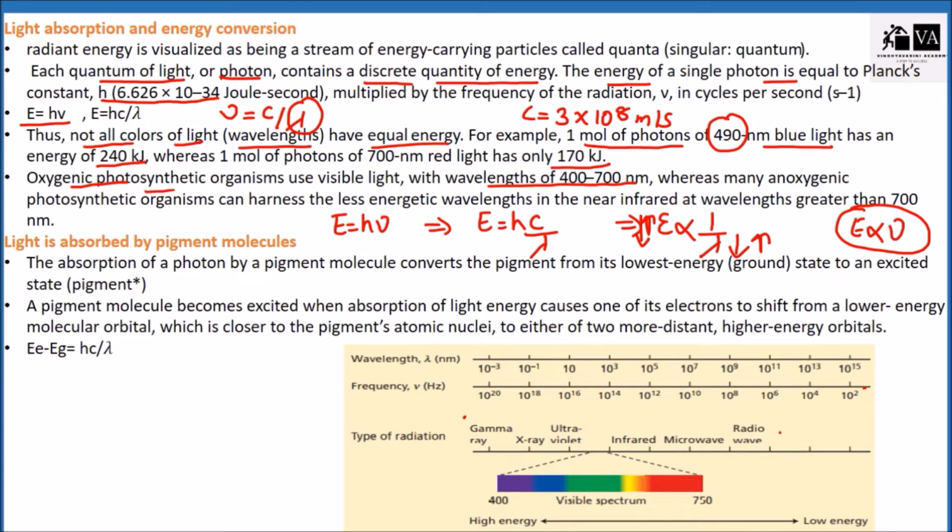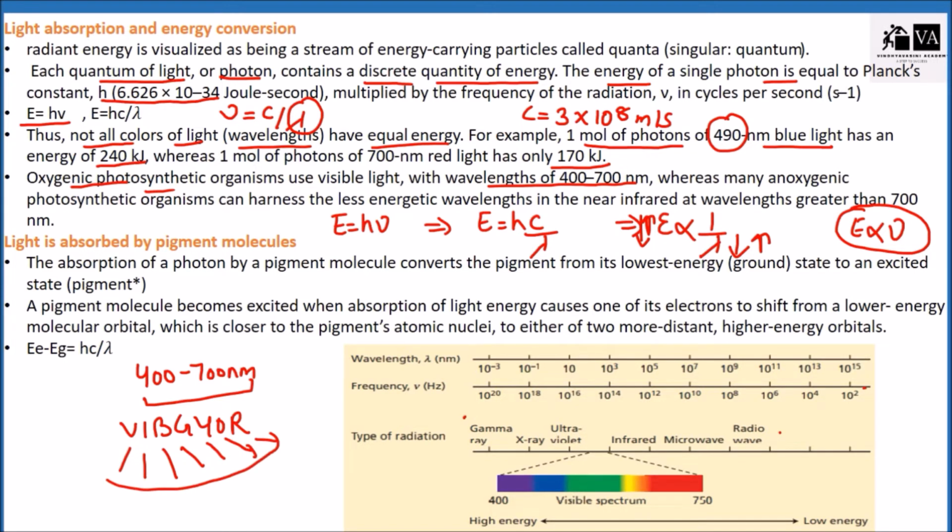So the visible range for oxygenic photosynthesis is the visible spectrum from 400 to 700 nanometers. This visible range consists of 7 light rays, which is VIBGYOR: V for violet, I for indigo, B for blue, G for green, Y for yellow, O for orange, R for red.